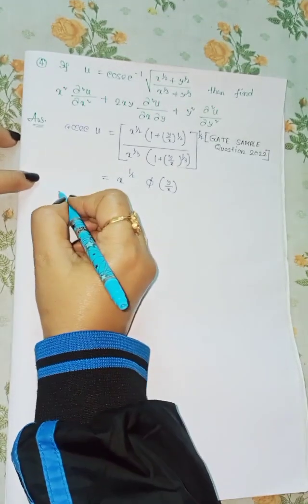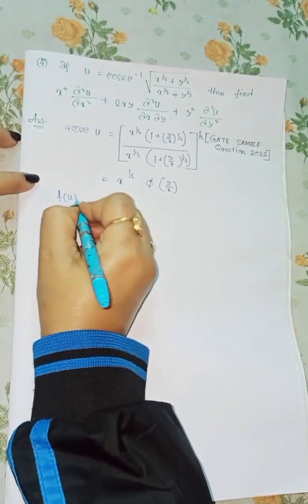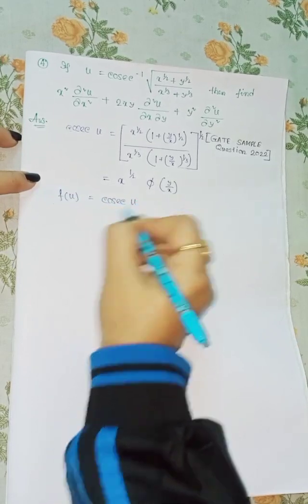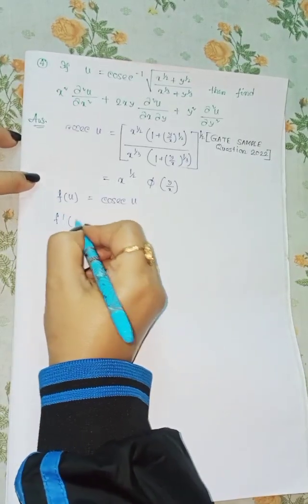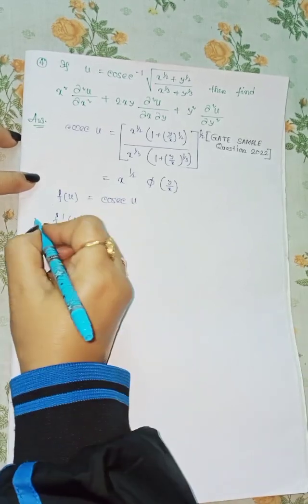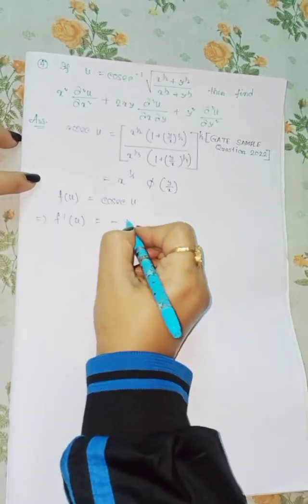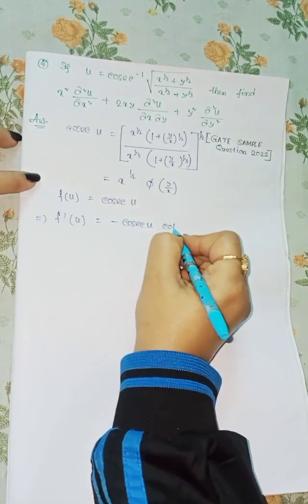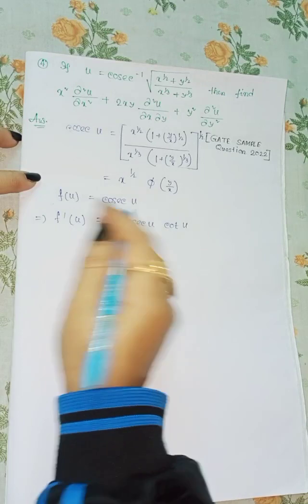So now f of u is equals to cosec u. So f dash u is equal to what? F dash u is equals to minus cosec u cot u. So just differentiating.